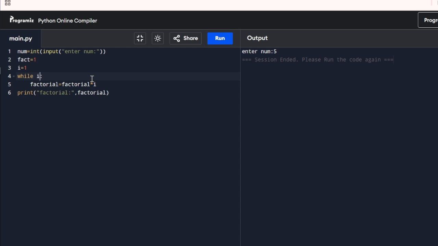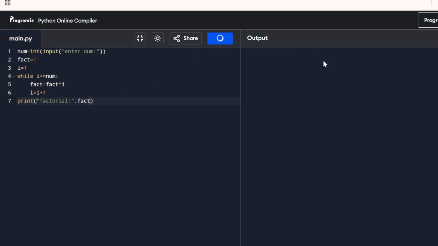While i is less than or equal to num, fact is equal to fact into i. After this process, every time i needs to be incremented, so it checks every number: i equal to i plus 1. We have a shorthand form also, like i plus equal to 1, but I prefer using the normal form because I find it easier. And print factorial.